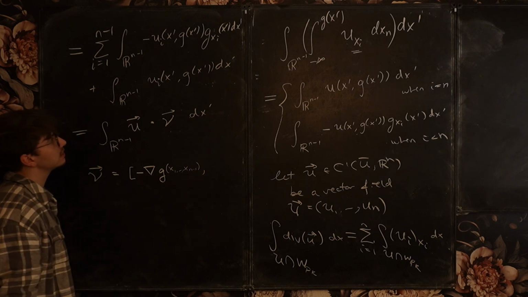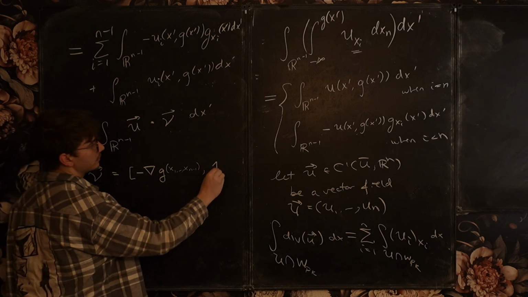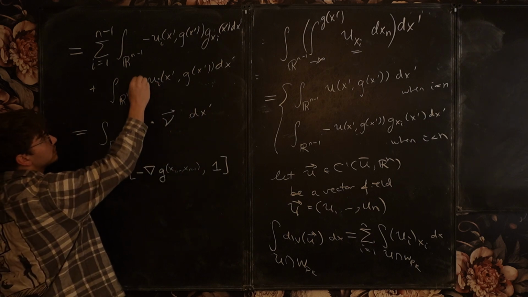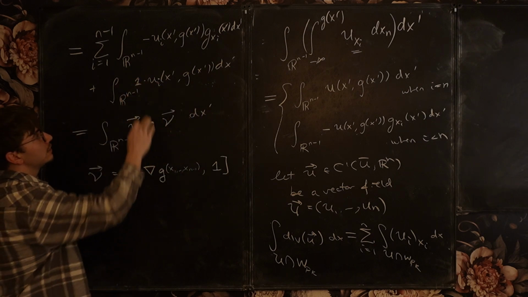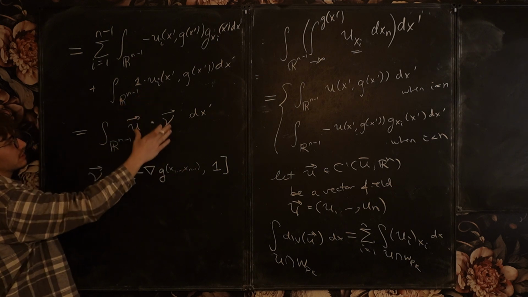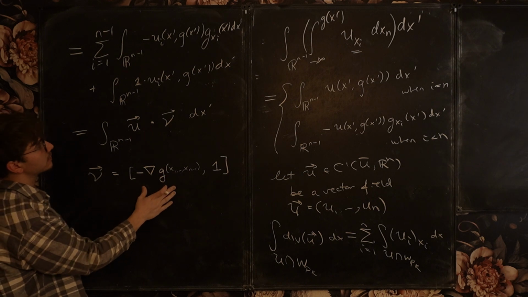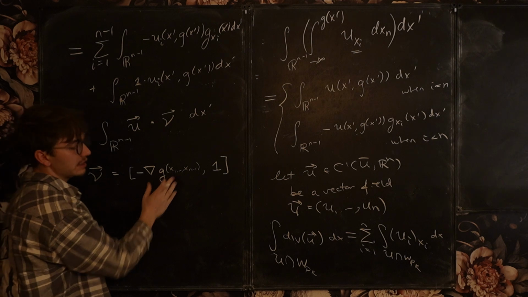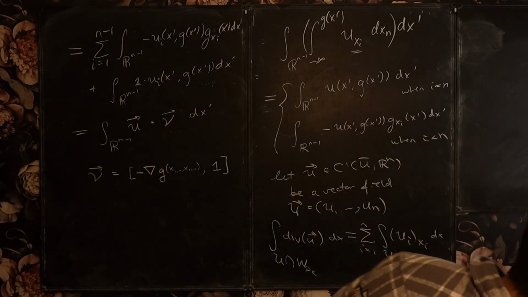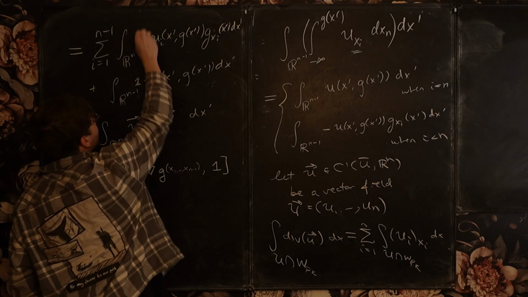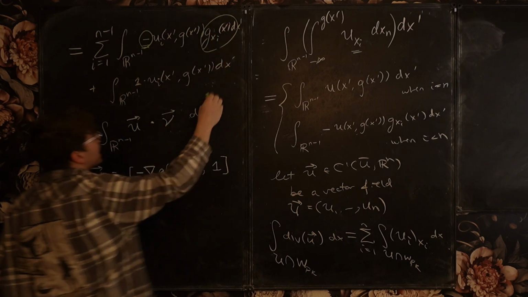And then the last component is just 1, corresponding to this integral where I just have u times a 1 essentially. So we can package this result as a dot product, and the vector we're dot producting with has as its first n minus 1 components the negative grad g, coming from this negative sign here, and then the last component is 1.